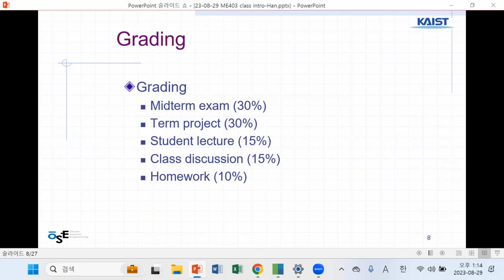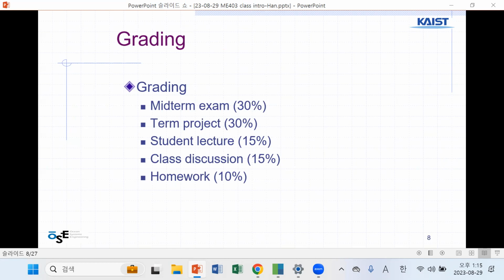All right, grading. There will be only one written exam, the mid-term, and the term project will be the same percentage as the mid-term exam. I hope everybody will give one lecture, and also lead a discussion session.